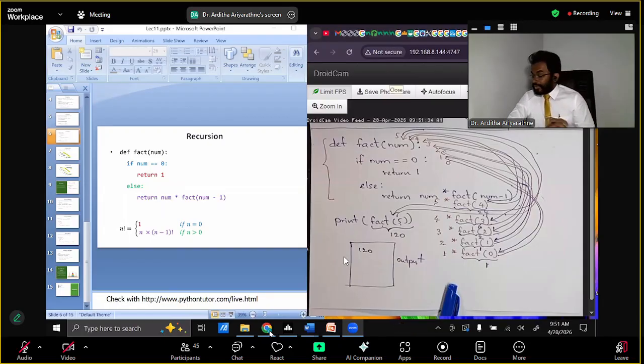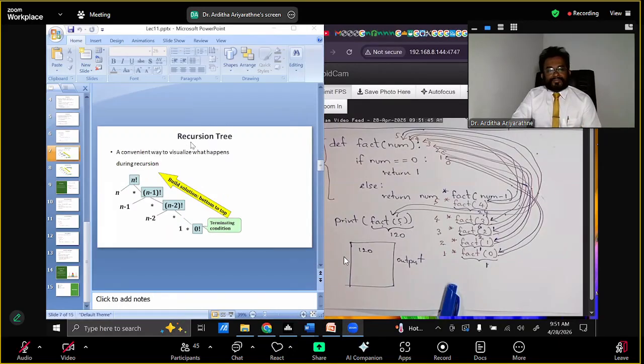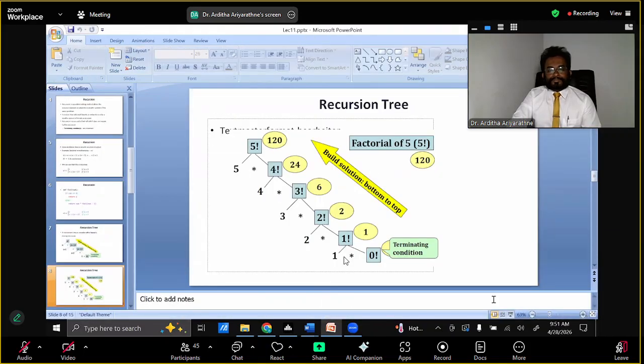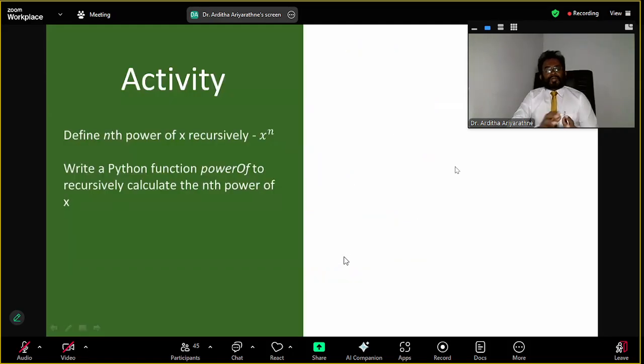Once you have identified the concept, then you can go for some exercise. Now, there is a small activity. Define nth power of x recursively.